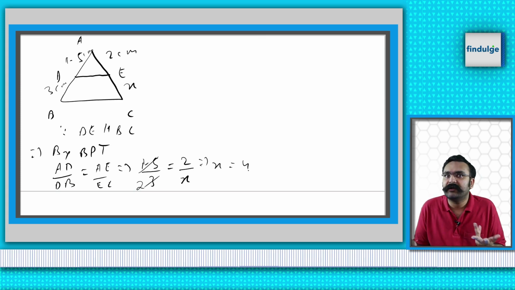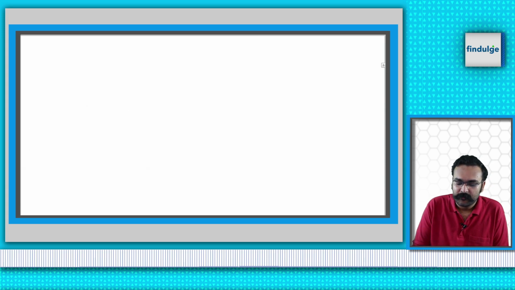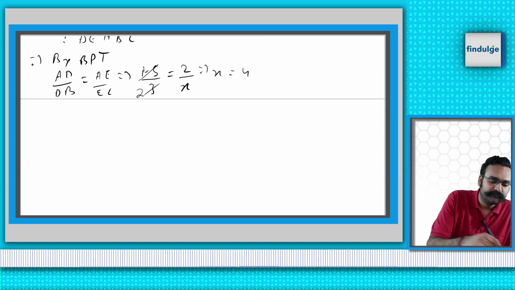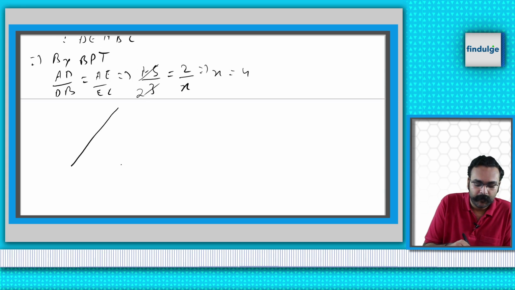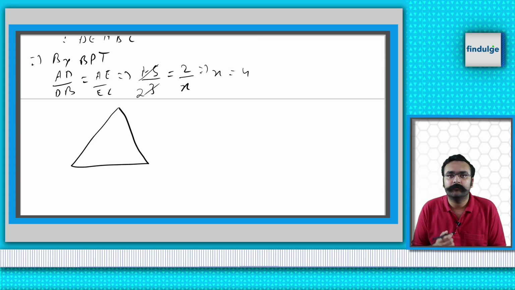A slightly more advanced version of this question could be something like this, where I have a triangle given to me and I might have more than one variable in terms of what I'm looking at.